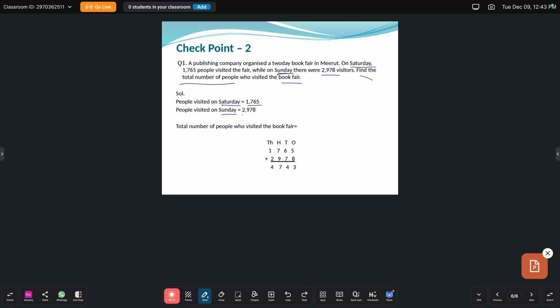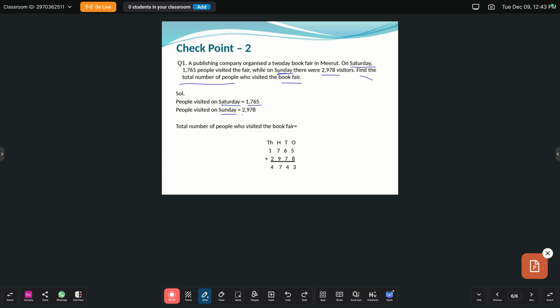Now, what we have to do? We have to find the total number of people. That means we have to add them. We have to find the sum. That is, we will take the people who visited on Saturday and Sunday, and we will add them. Fine.